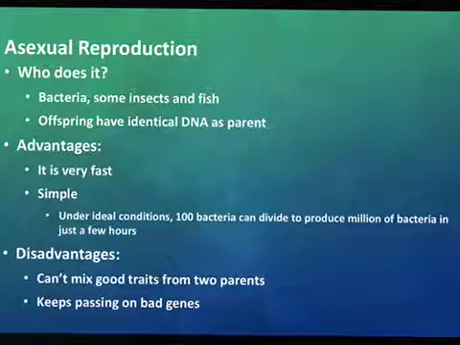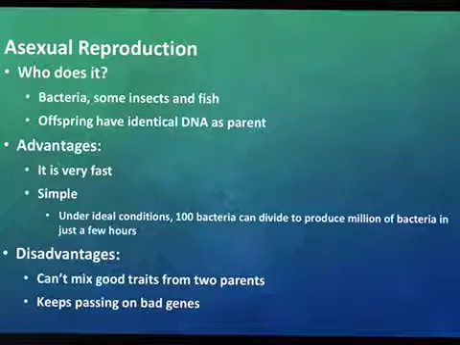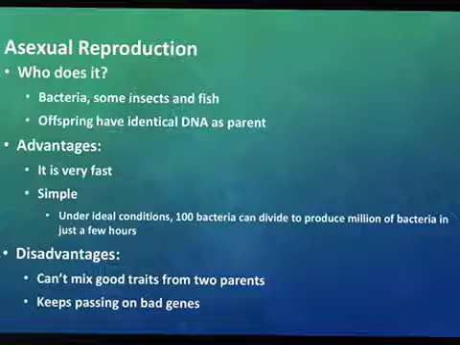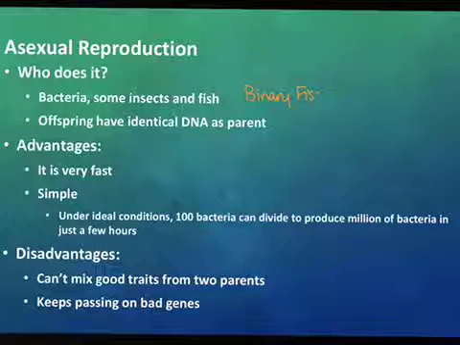So asexual reproduction is done mainly by bacteria, but there are some insects and fish that are capable of reproducing asexually. As we learned with prokaryote reproduction, binary fission produces offspring that are identical to the parent.